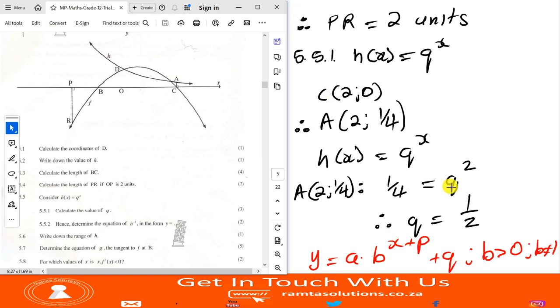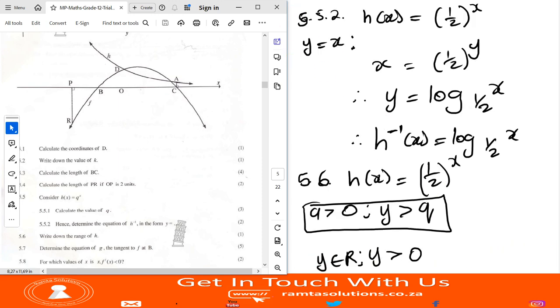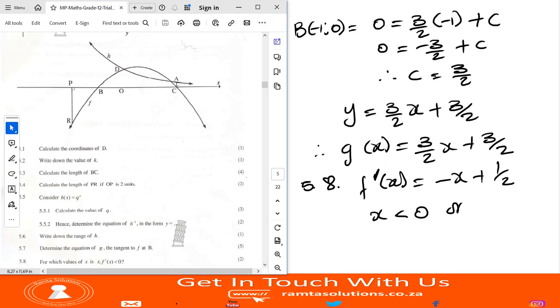So therefore it is x greater than half. And of course, guys, if you find the x-intercept here, you will find that it is indeed positive half.